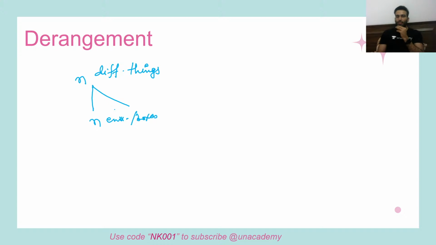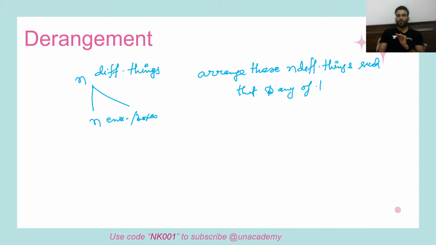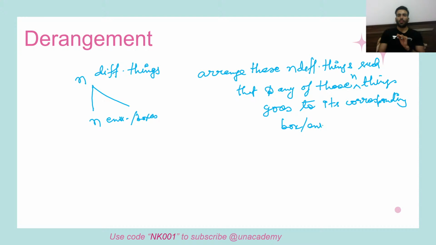Now just imagine if I arrange these n different things such that any of these n things goes to its corresponding box or envelope. What I mean to say is, for say I have second number of object.